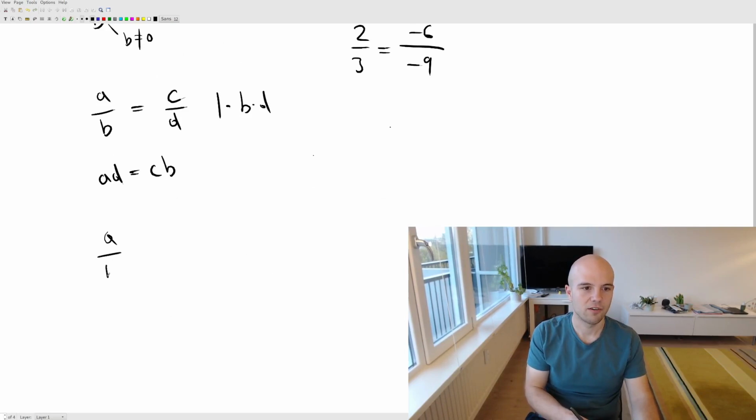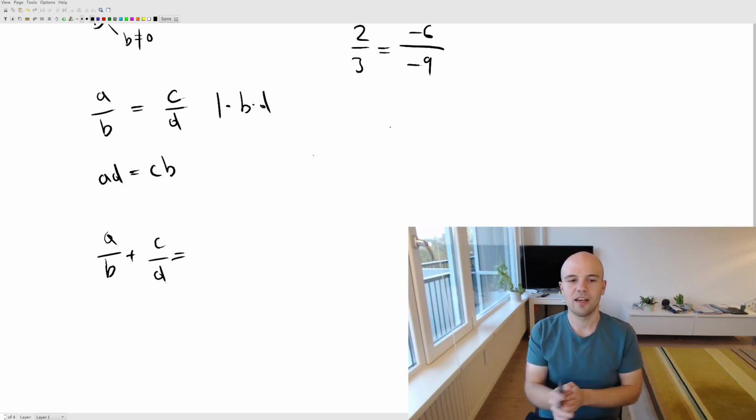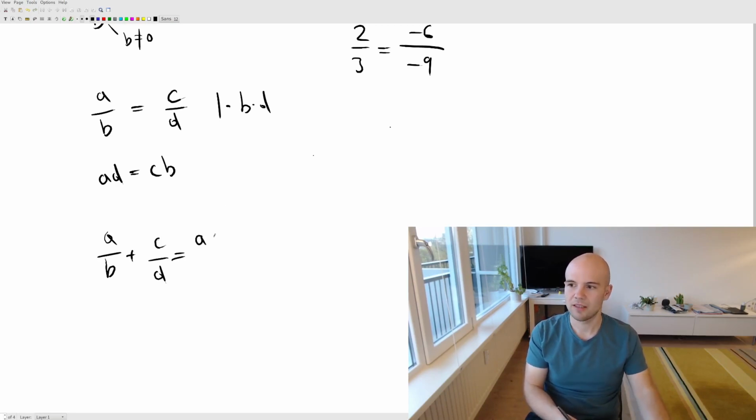Again, we want to figure out how to define the addition of two fractions. For this, we write down the fraction as it is. So we have addition of two fractions, and then we calculate with it as if we already had the rational numbers. So we multiply the left fraction by d, so b times d, and multiply the right fraction, both the numerator and the denominator, by b.